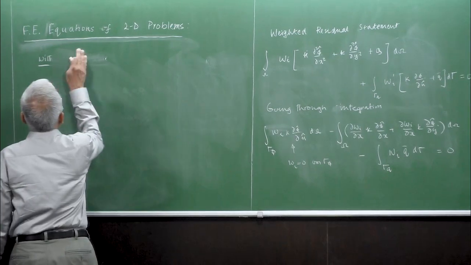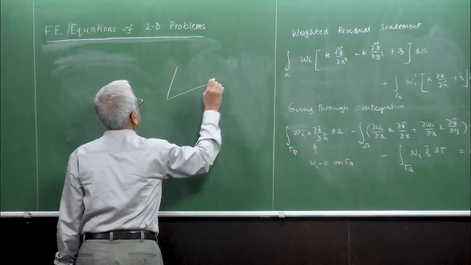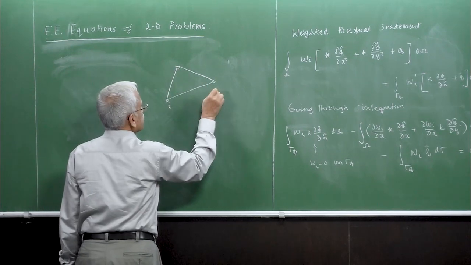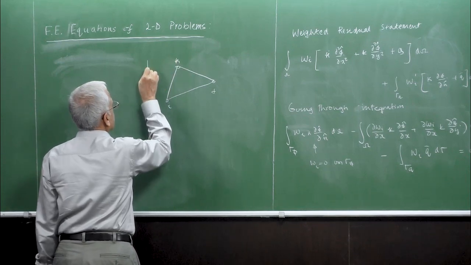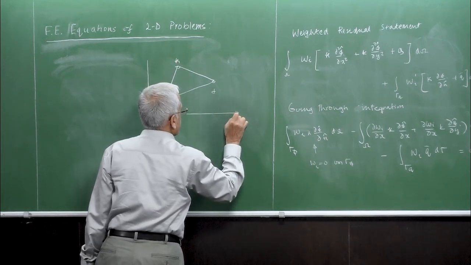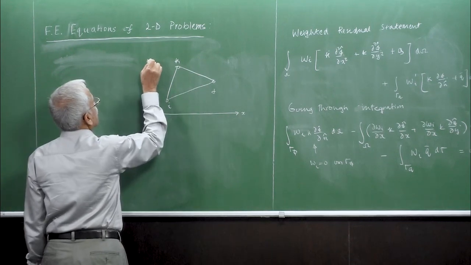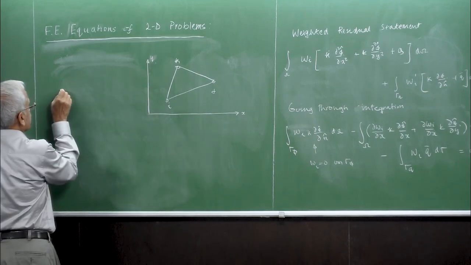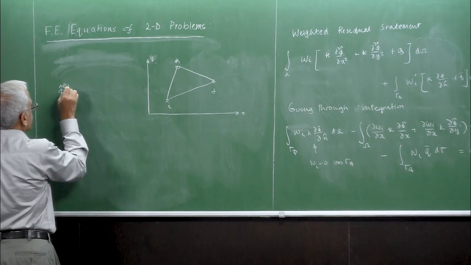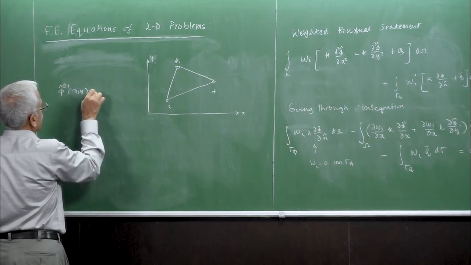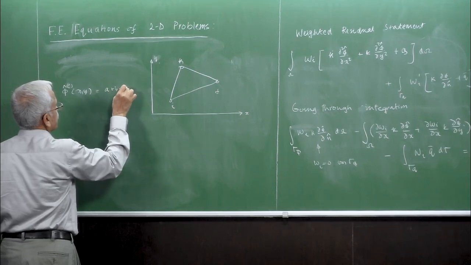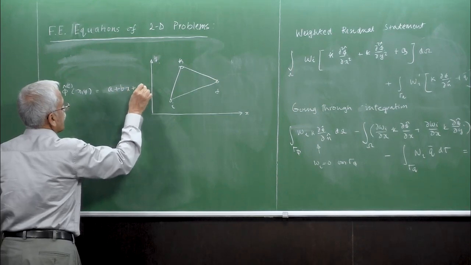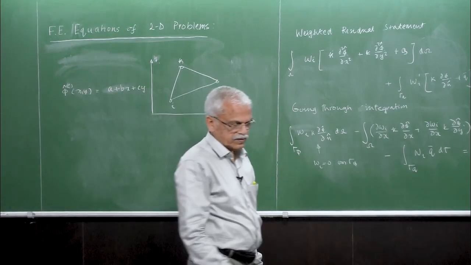So we have a triangle here, I, J, K. What we have here is that phi e within the element is a plus bx plus cy, with three coefficients a, b, c.